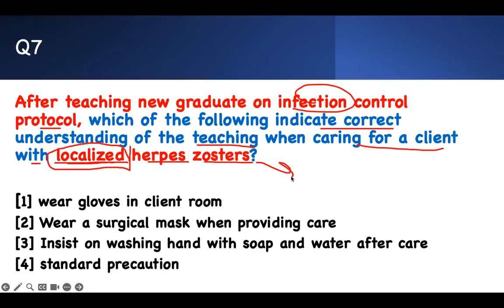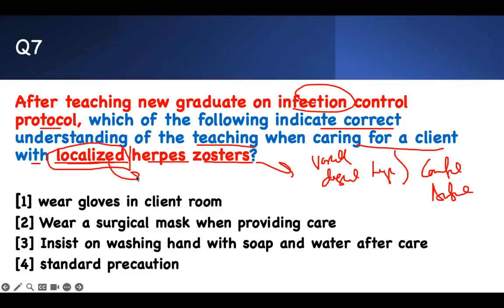Before you answer, you have to come up with a plan, okay? Varicella, disseminated zoster, herpes zoster. You have contact and airborne. If the lesion is crusted or localized, it's very small, this is a standard precaution. Don't forget that. Localized zoster is a standard precaution.